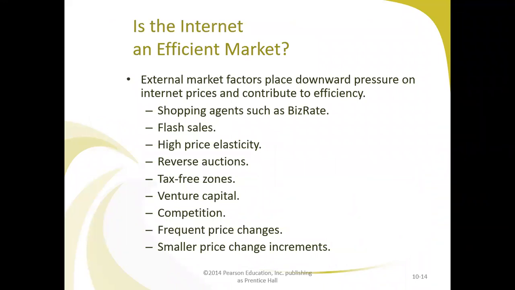Moving further, is the internet an efficient market? Let us check. External market factors play a downward pressure on internet prices and contribute to efficiency. We have seen that in an efficient market, online you will find much lower prices compared to offline.